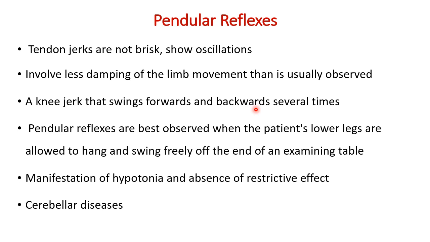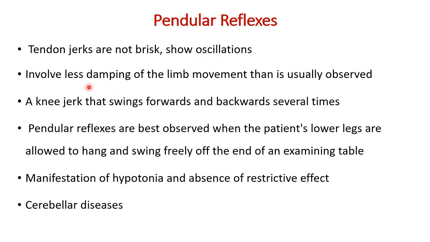In a normal or brisk knee jerk, there is little more than one swing forward and one swing backward. But here, when you try to elicit the knee jerk, the knee swings forwards and backwards several times. Such a reflex is called the pendular reflex. Here the reflex jerks show oscillations and not the simple response backwards and forwards.